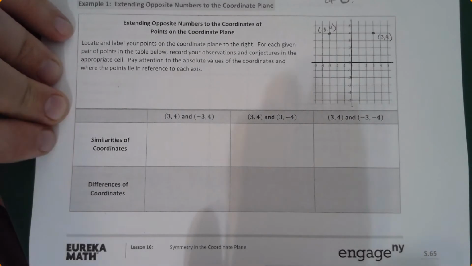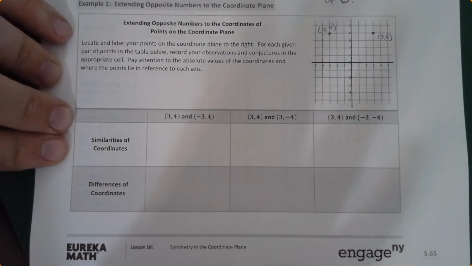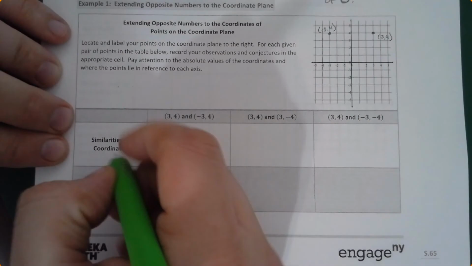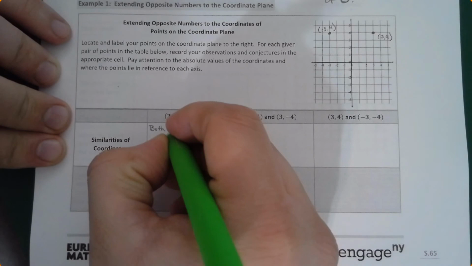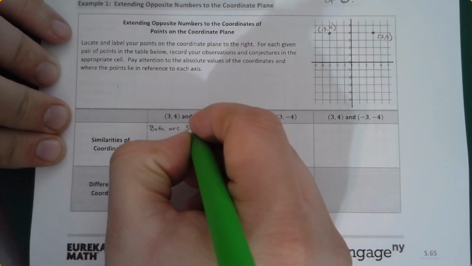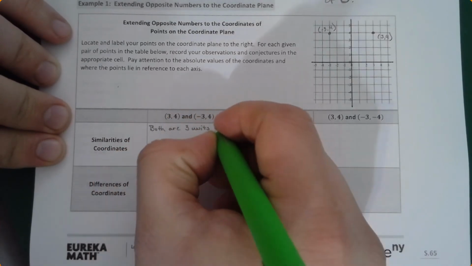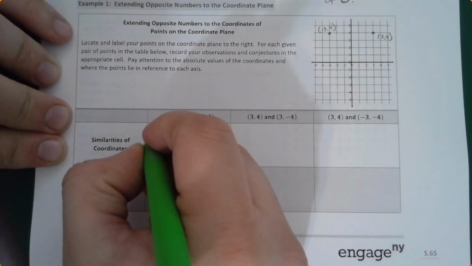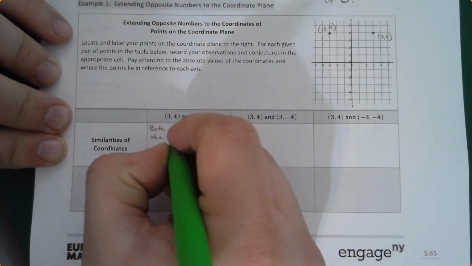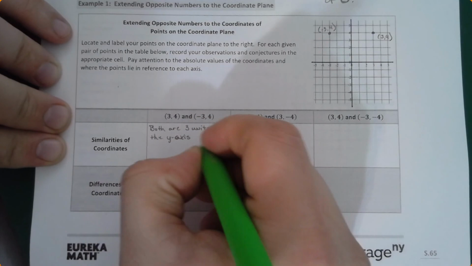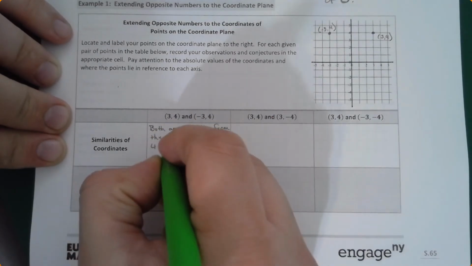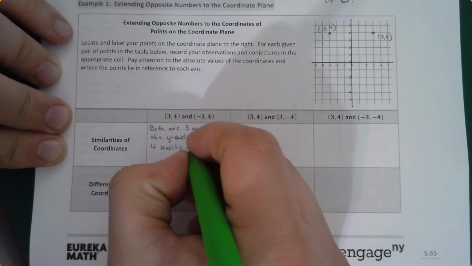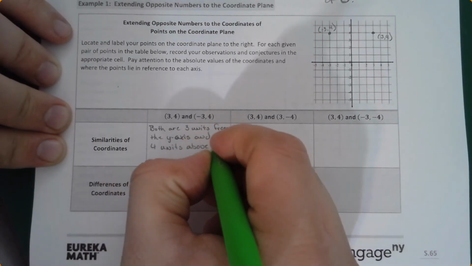All right? First, the similarities are both are 3 units from the y-axis and 4 units above the x-axis.